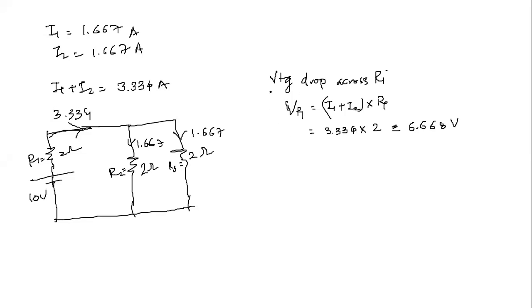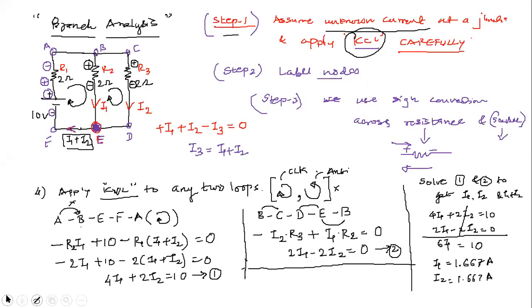Similarly, find out the voltage drop across R2. Apply the same method. What is the current through R2? What was the current we took? It is I1, right?